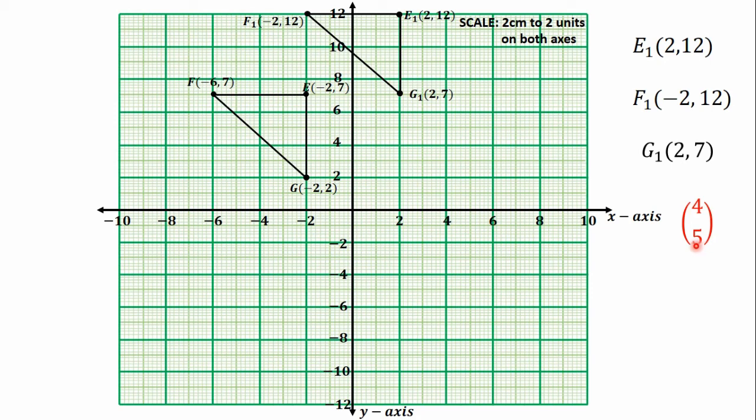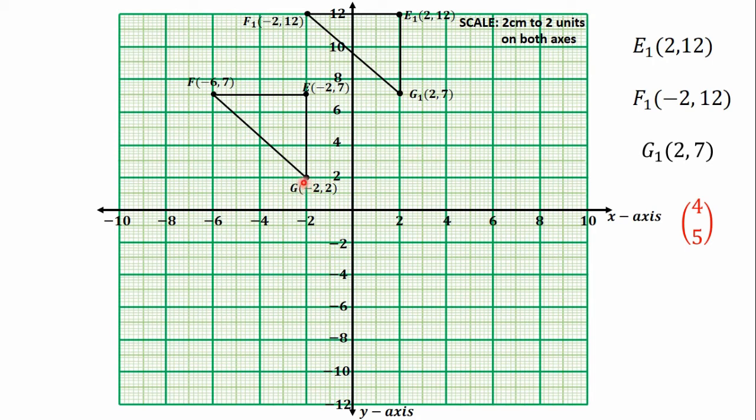It means that we have to move 5 units in the positive direction along the y-axis. We know that along the y-axis, moving upwards means that we are moving in the positive direction. So to use this translation vector, we have to move the point 4 units towards the right along the x-axis, then 5 units upwards along the y-axis.